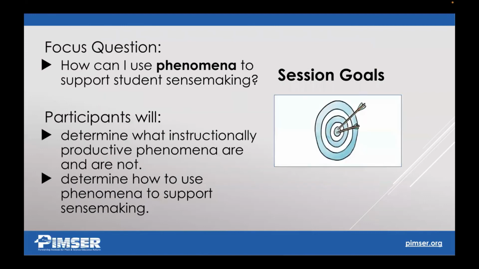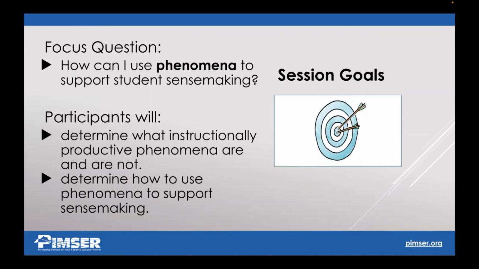So let's recap. We've been focusing on how we can use phenomena to support student sense making. It's the why we need to know this. Understanding those big science ideas, we had to clarify those to begin with. And then we thought about the phenomena that we're going to use to get kids to that understanding. Phenomena is what drives that learning and gets the kids curious and wanting to figure out why. And in this session, we focused on two big things: determining what it means to be an instructionally productive phenomenon.